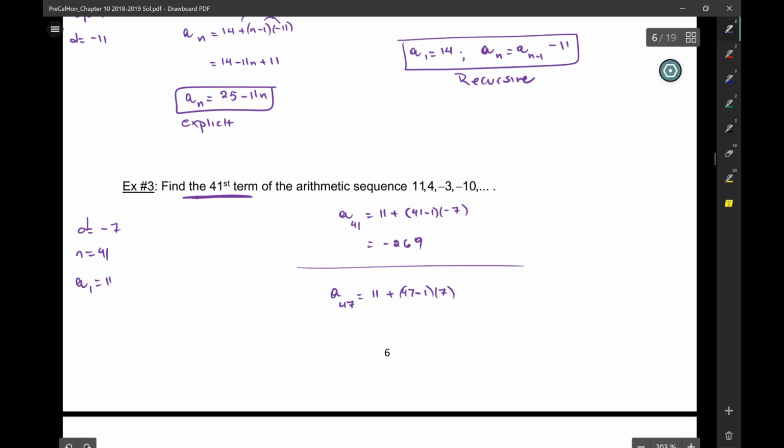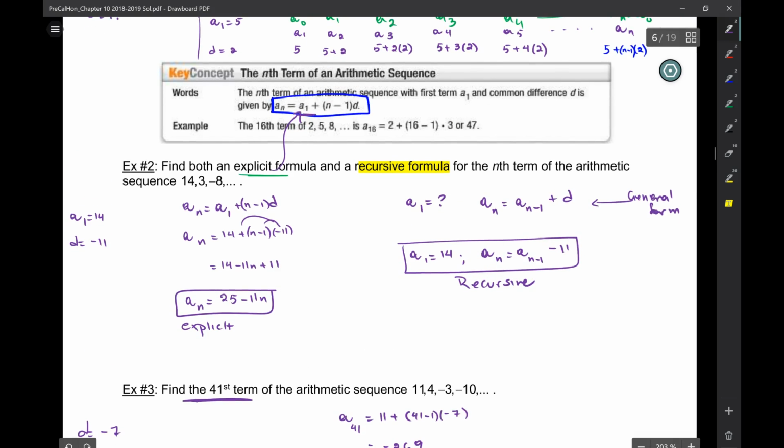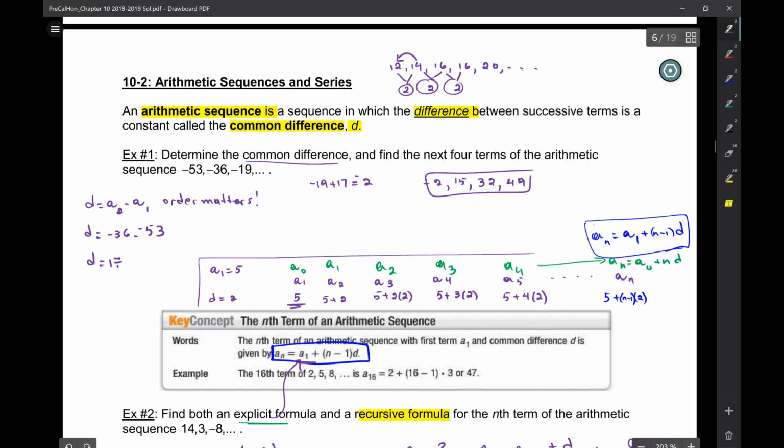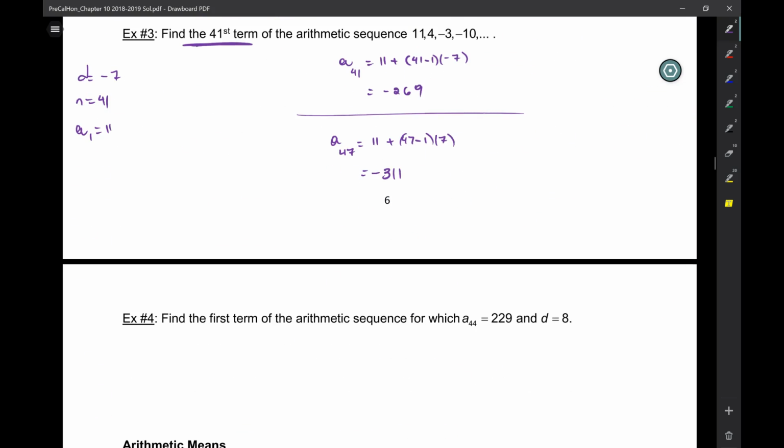How much is that? Okay. Questions? Because the formula is always A1 plus N minus 1 times D. Remember how we started here? You have your starting point, and then to that, you add each of the twos.